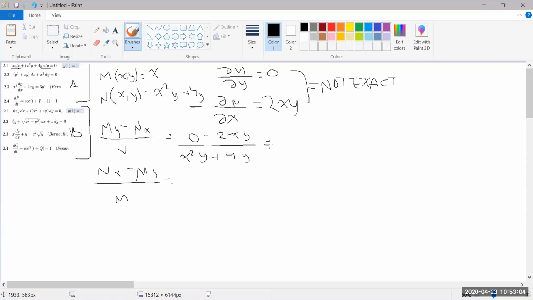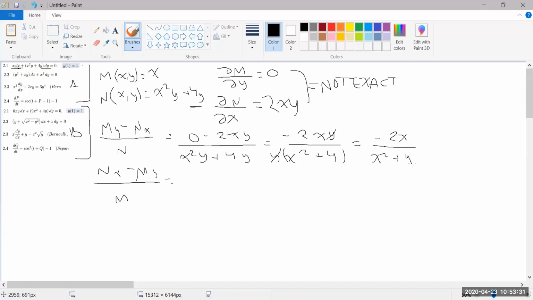You can factor out a y of that bottom term. So you'll have negative 2xy over x squared plus 4 times y. These y's cancel, and you're left with negative 2x over x squared plus 4.